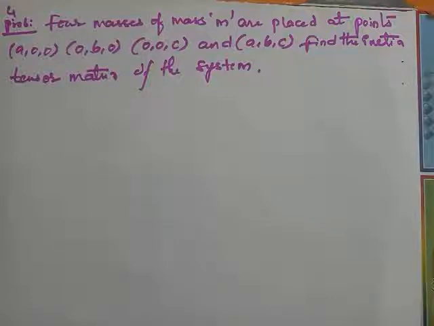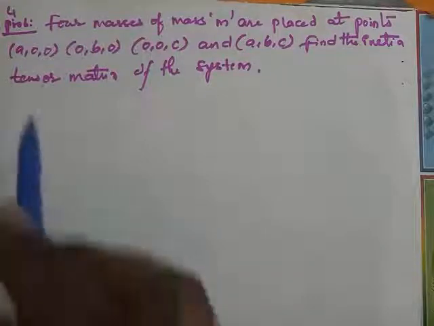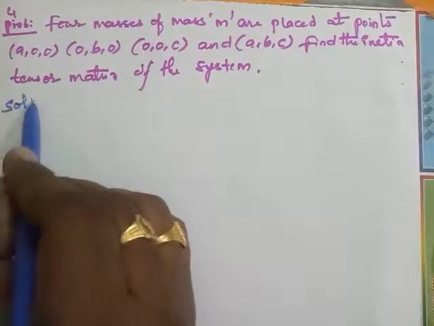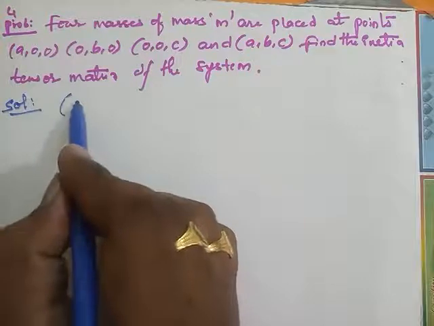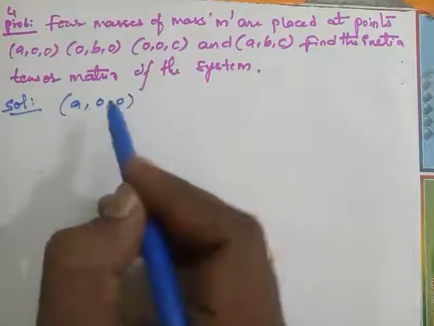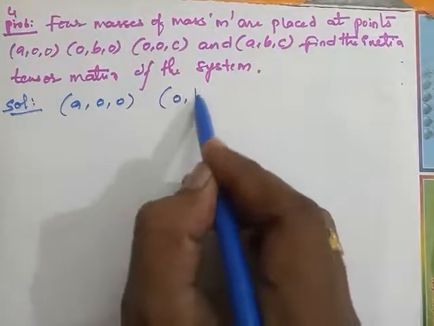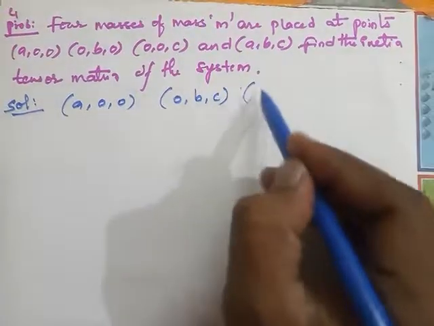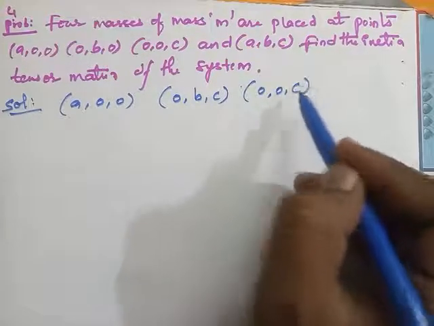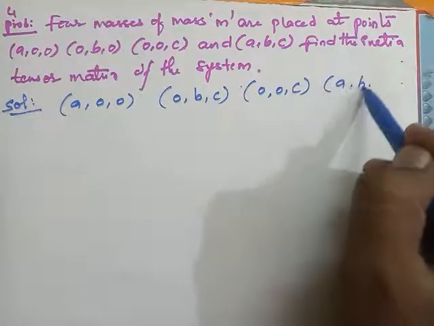See, 4 different points are given. So what are the points here? A 0 0, 0 b 0, 0 0 c and a b c.